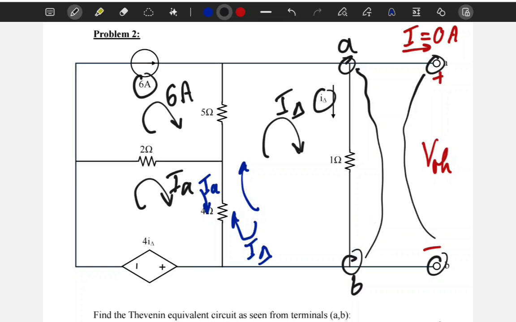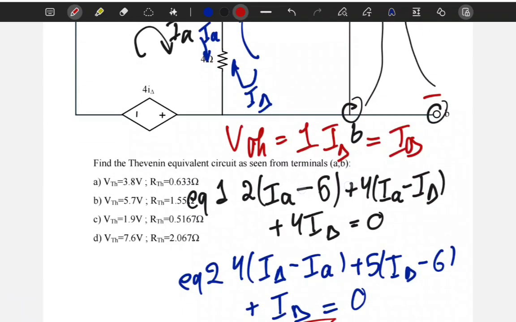So the voltage Thevenin is going to be equal to 1 I delta, Ohm's law. So Thevenin is exactly equal to I delta, and in this case, we're going to find I delta to be 3.8. So the answer is right here. A. Thevenin is 3.8.